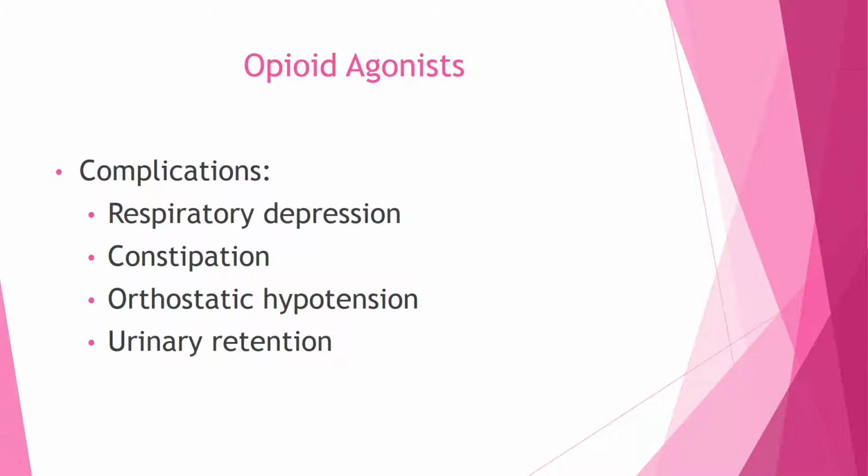Any client that has end-stage disorders such as cancer or AIDS and is opioid dependent, administer the opioid antagonist methylnaltrexone to help treat severe constipation. Once again, have them increase their fluids to 2 to 3 liters a day, and increase their fiber and physical activity.